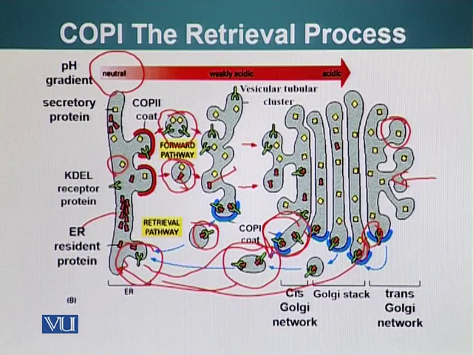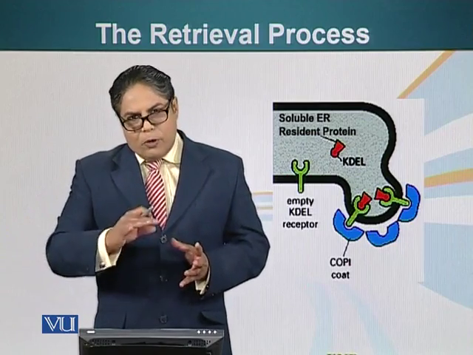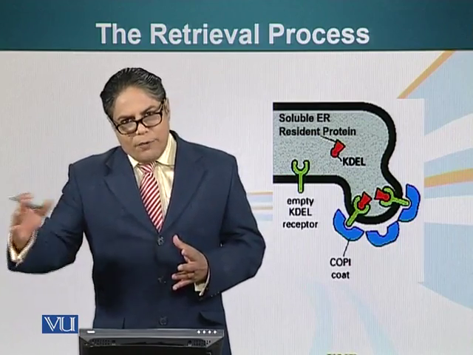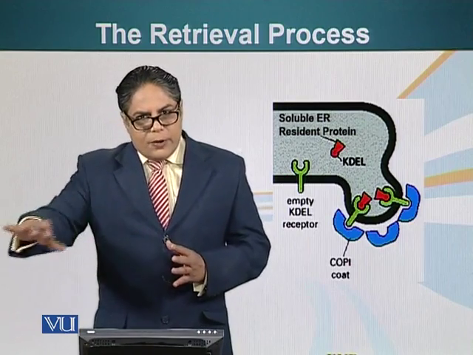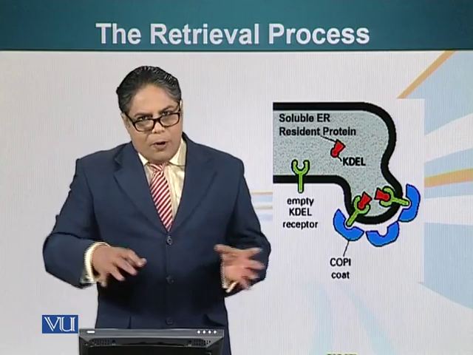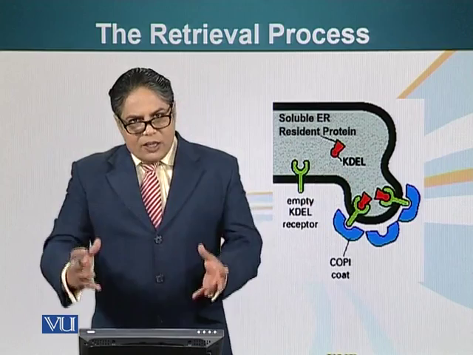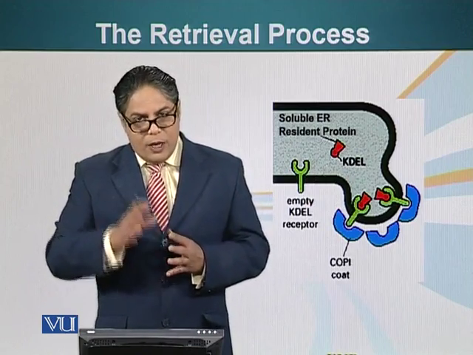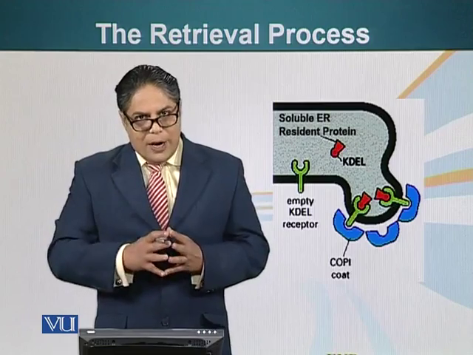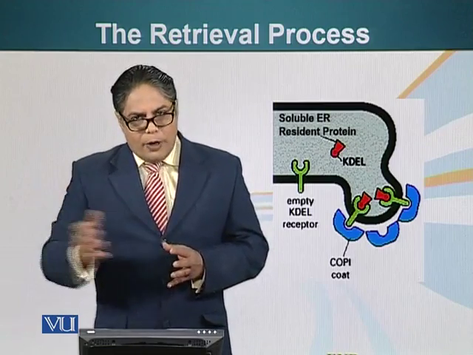So once the vesicular tubular cluster has formed, the protein retrieval process starts and continues all the way to the trans-Golgi stack. The ER resident proteins keep on being sent to the endoplasmic reticulum, and the Golgi apparatus keeps on becoming enriched with specific proteins which are for use in the Golgi apparatus, or have to be secreted, or have to go on to an onward destination.